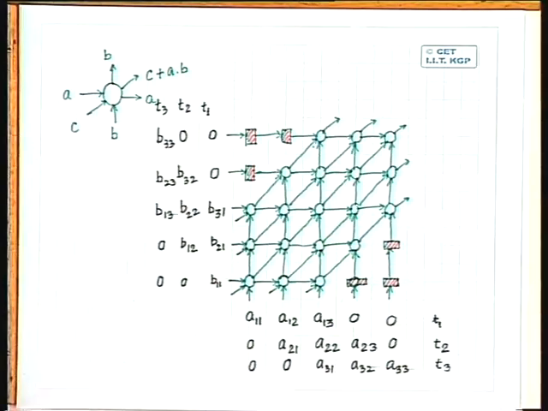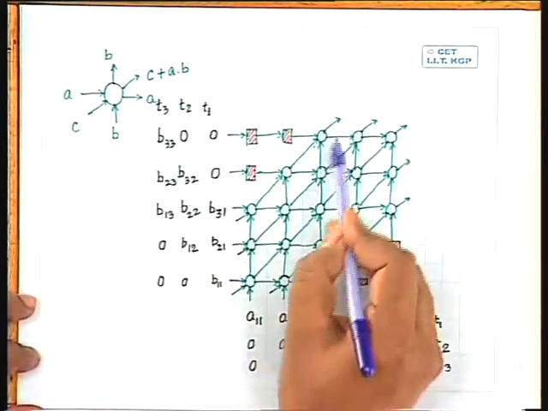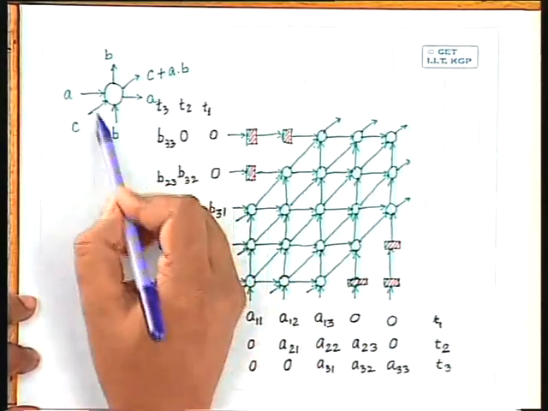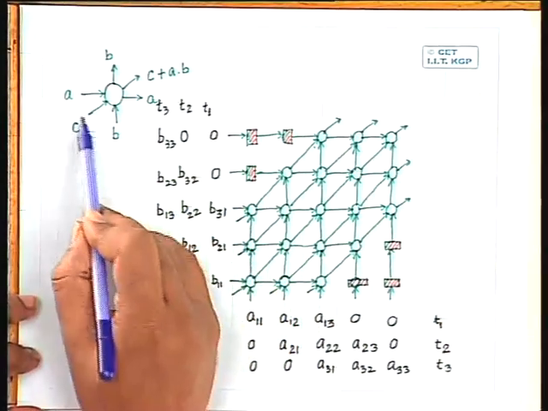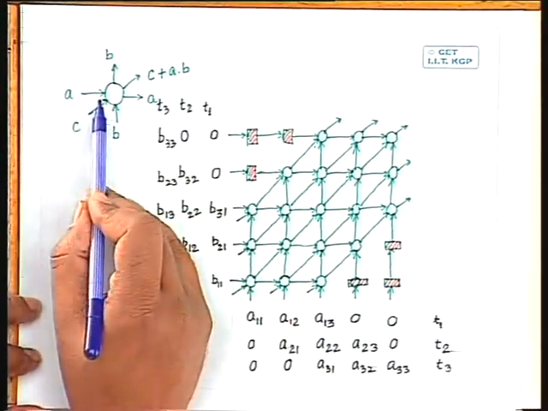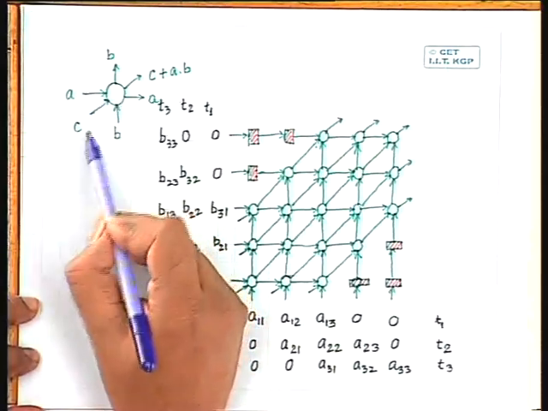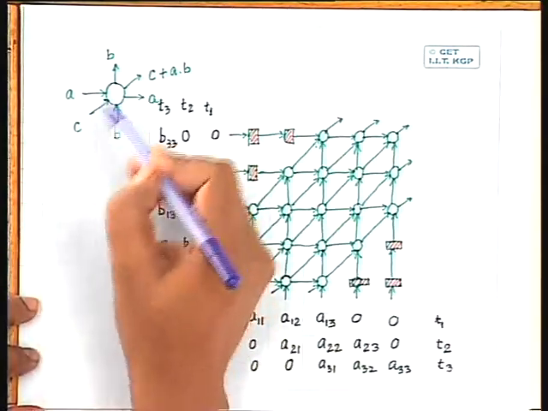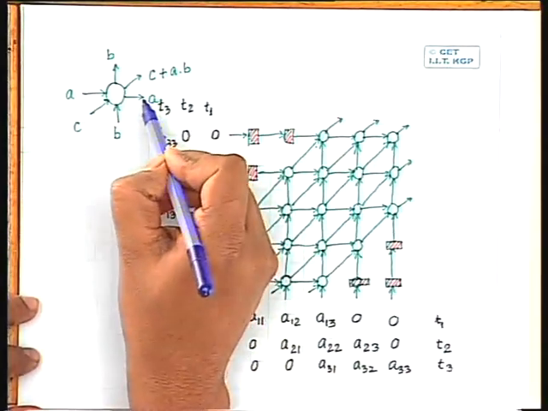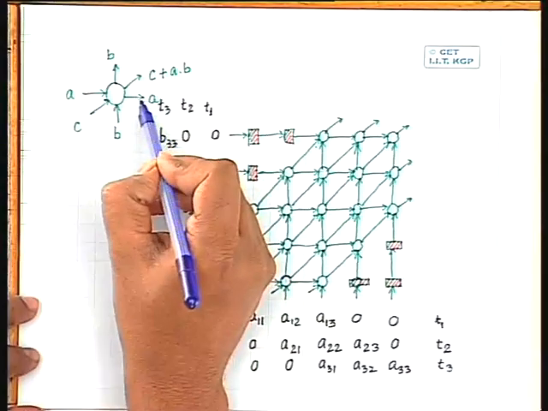Now, given this type of diagram, let us see how this architecture works. You find that since each of these processing elements are of this type, that means whenever you feed in A as horizontal input, B as vertical input, and C as the diagonal input, this will output A in the horizontal direction, the same thing is passed out.